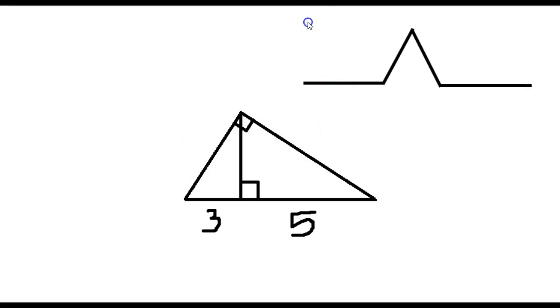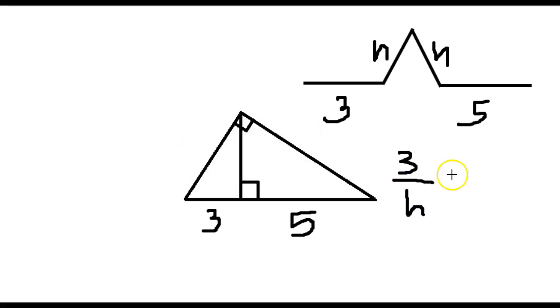So this part would be 3, and this part would be 5, and the altitude we'll say is h. So the proportion that this helps us to write is 3 over h is equal to h over 5.